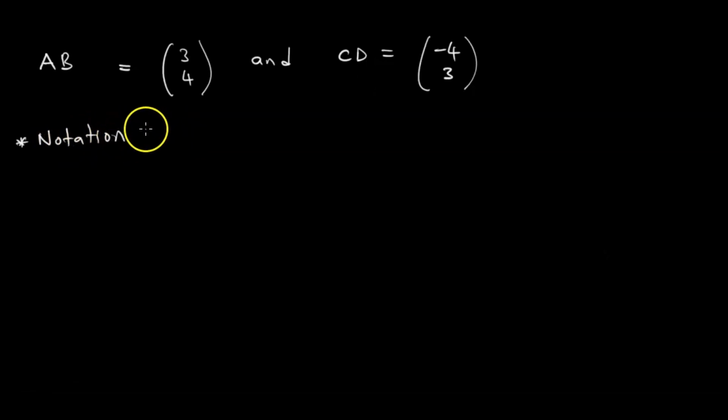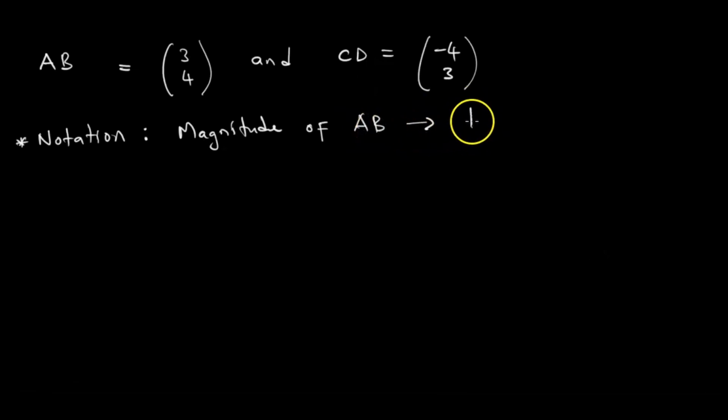Kana chitaura pamusoro pe notation, tiri kutaura kuti tinozvinyora sei mathematically. Kuti magnitude of AB zvinonyorwa so. Tinoisa line and todati AB totaisa line.